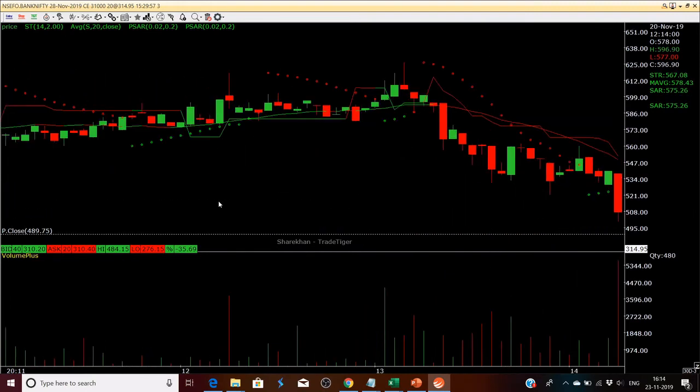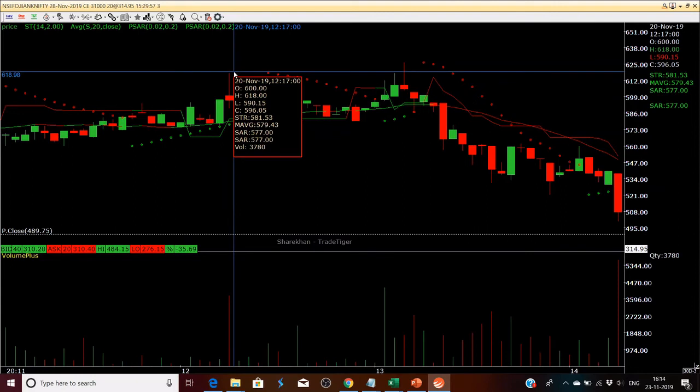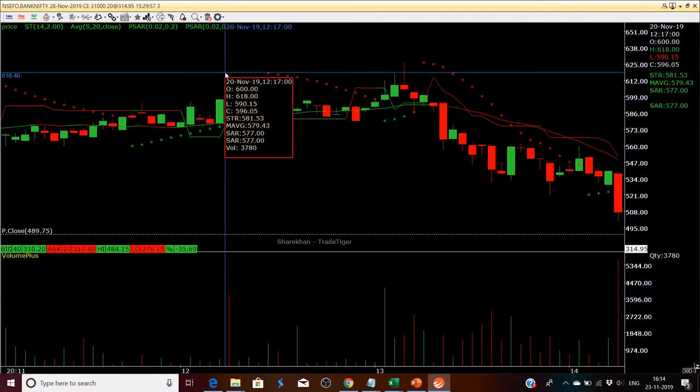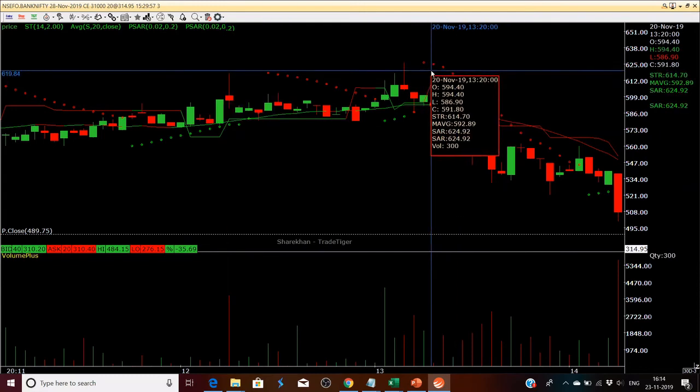Let's look at some more examples. Look at this bar and this candle. Huge bar, huge volume. Definitely you can go short. This is your stop loss. You have made a little bit of money, but here the stop loss has been taken out.